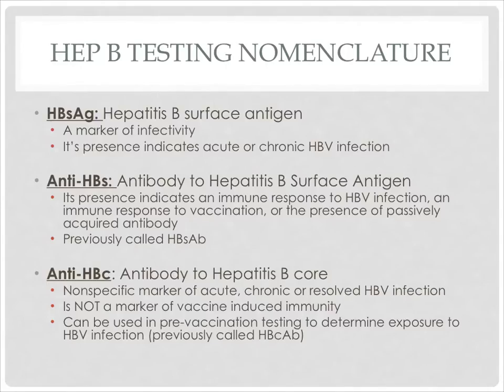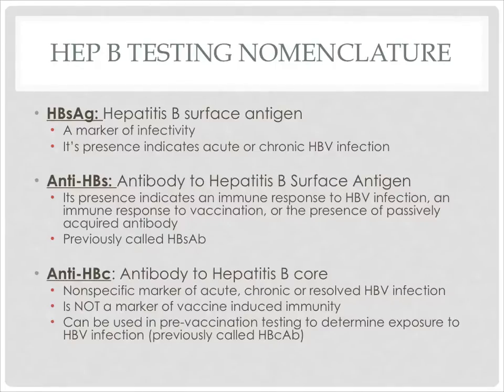Hepatitis B testing can be rather confusing, and so hopefully this is just a review for some of you, but we're going to break down the nomenclature here of these tests, and then we'll show you after a few slides what they mean in terms of representing an acute infection versus chronic versus someone who has immunity through a vaccination.